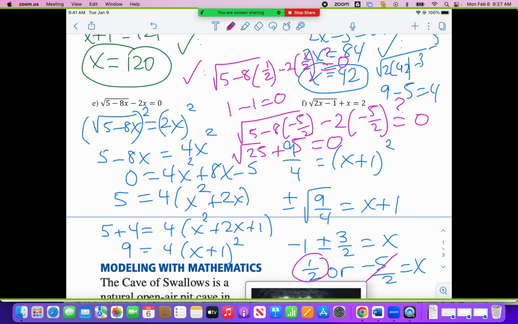That one does not work. Did I do something wrong here? Something doesn't look right. Anybody see a mistake? Or does it look okay?